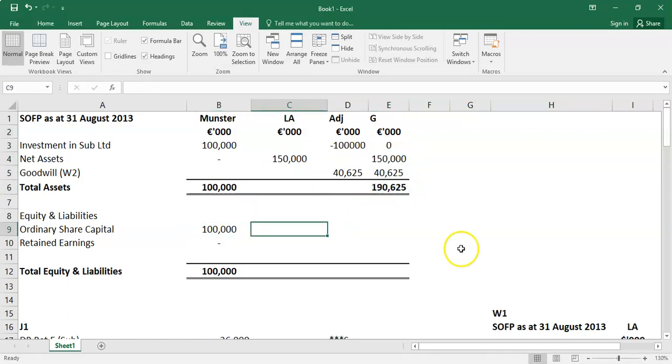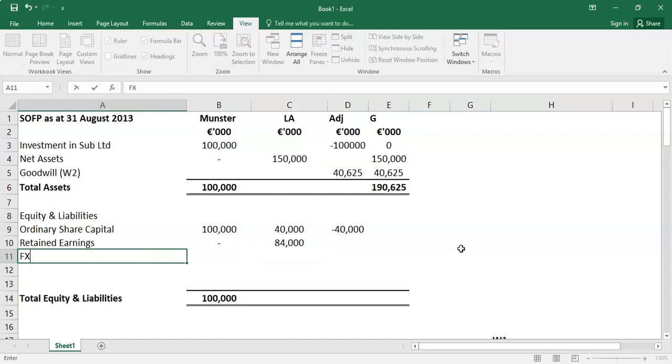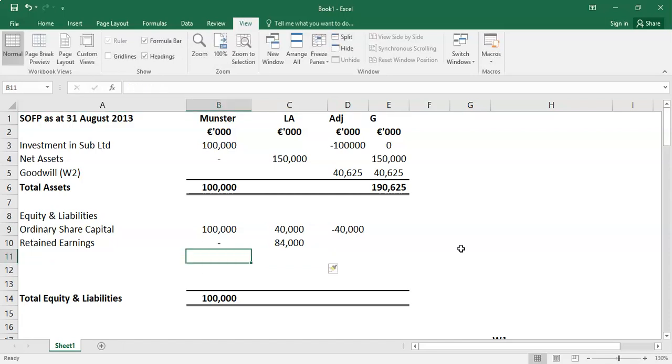The share capital of LA we said was converted to 40, but we know that is eliminated then. That 40 is eliminated on goodwill. The retained earnings we said were 84. I'll leave another couple of lines here. And we said, well actually we said retained earnings are 110, which is the plug figure.